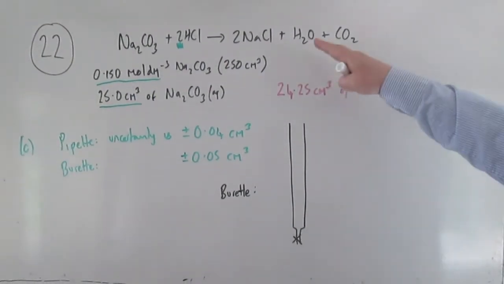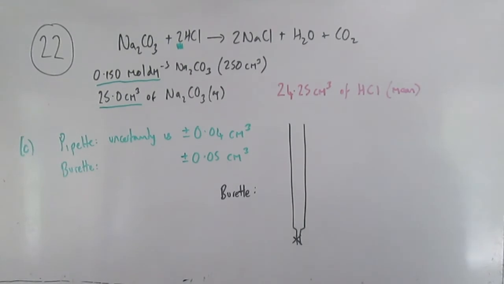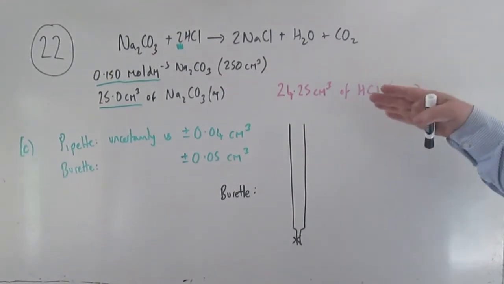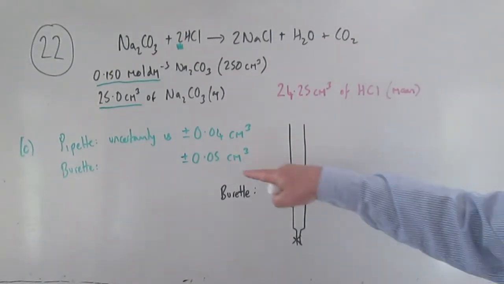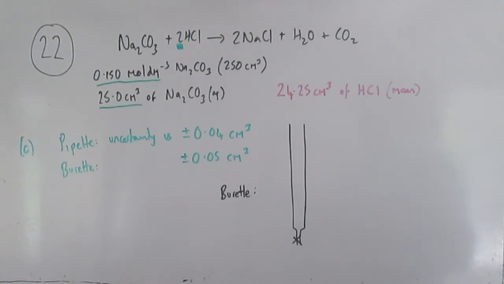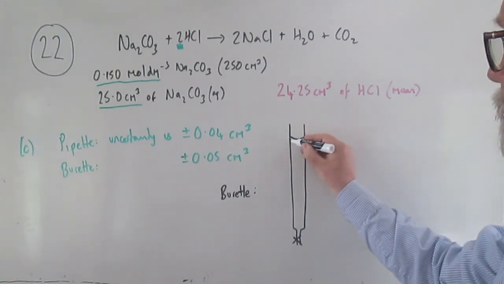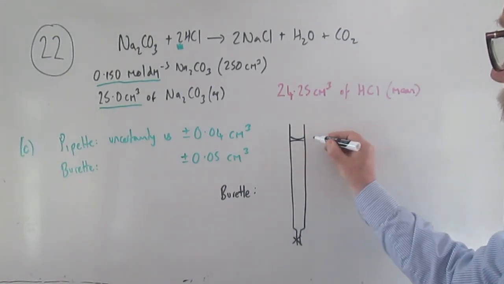Now with the burette, that's this kind of piece of equipment with the tap at the bottom. What you have to remember is that to get a burette volume, the titre requires 2 readings, the initial one and the final one, and each one of those readings will have an uncertainty of 0.05 cm cubed. So in other words, it might be filled up to here initially, and you would read off a volume there.